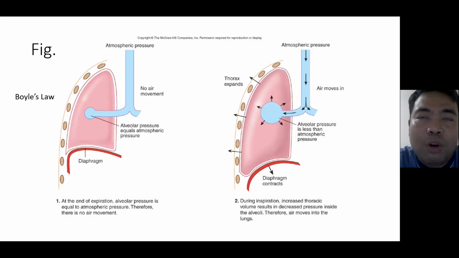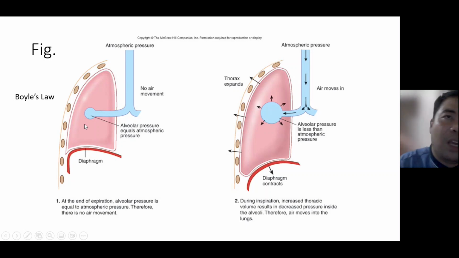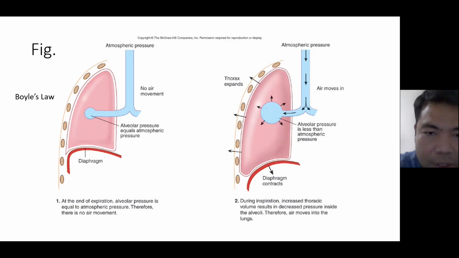When the volume or size of the container increases, the pressure of the gas inside that container decreases. But when the volume or the size of the container decreases, it will compress the gas inside, and the pressure of that gas increases. Again, that is your Boyle's law.